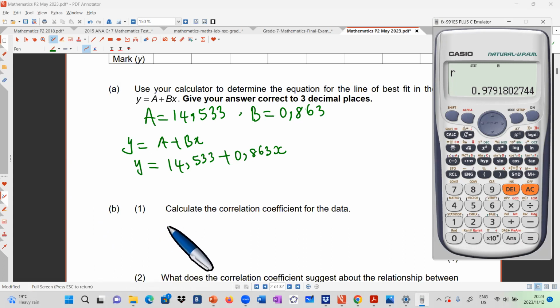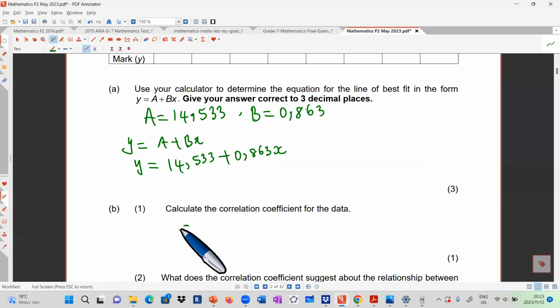So in other words, R is equal to 0.979, which means R is approximately 1.